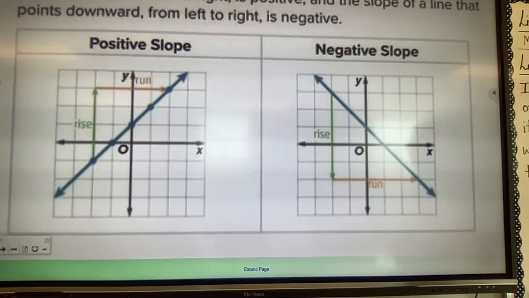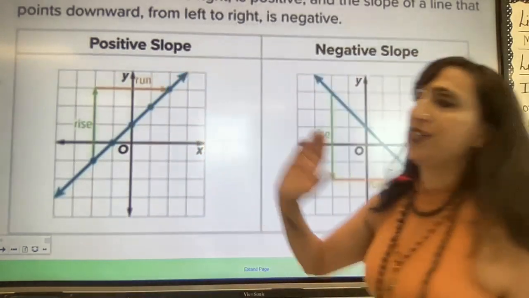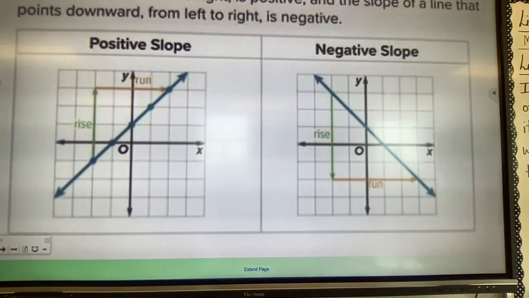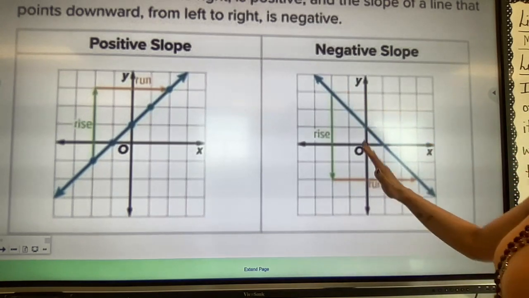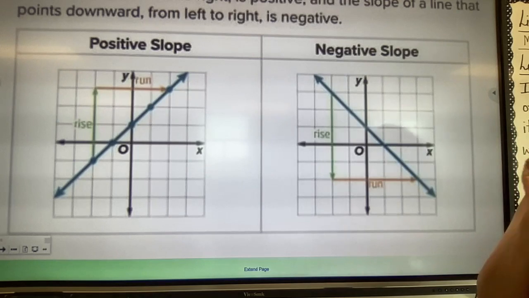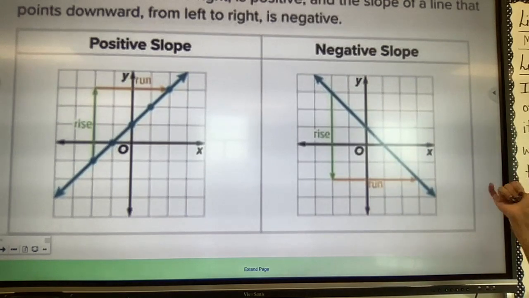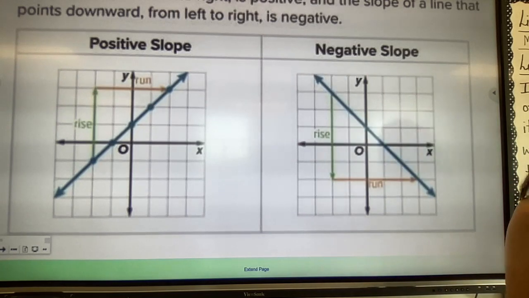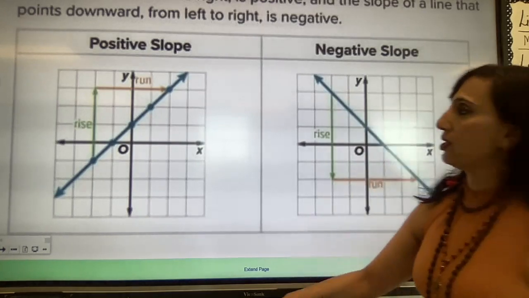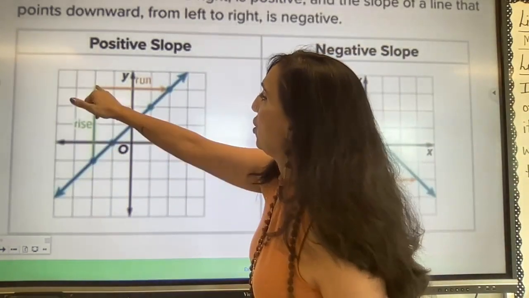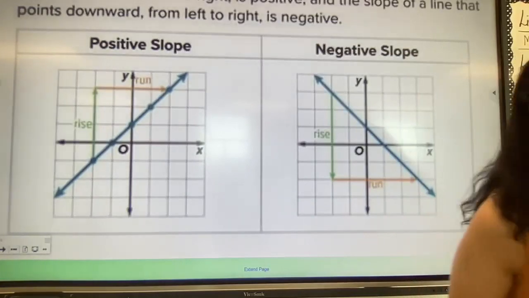The slope of a line that points upwards from left to right is positive, and the slope of a line that points downwards from left to right is negative. So just look at this and then look at what I just said about rise over run. Rise is the vertical change, run is the horizontal.